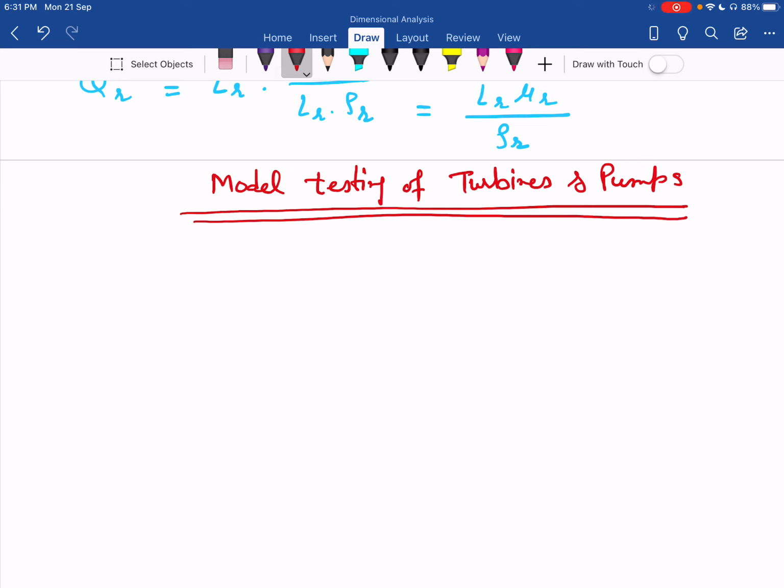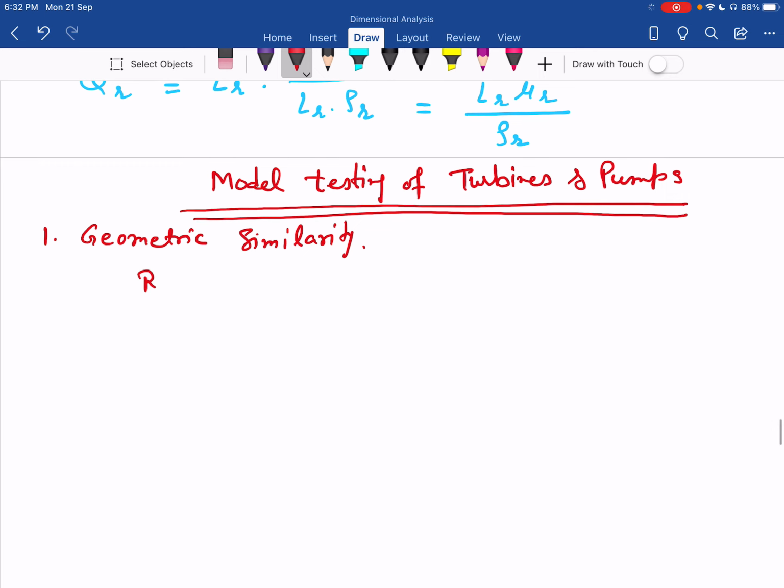Now, geometric similarity is ensured by keeping the ratio of various dimensions in the model and the prototype constant. For example, the ratio of width to the wheel diameter.